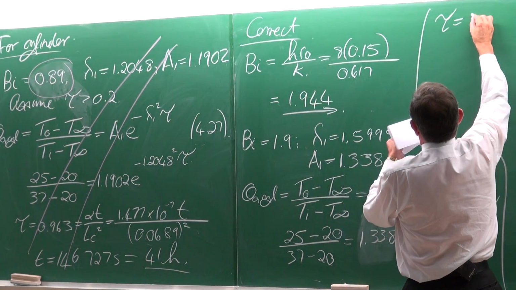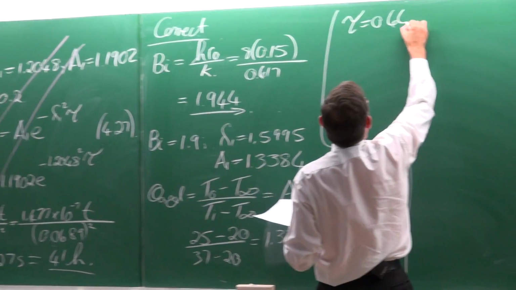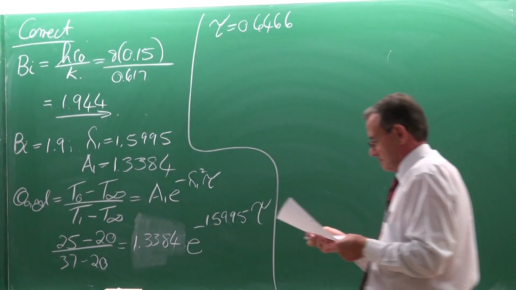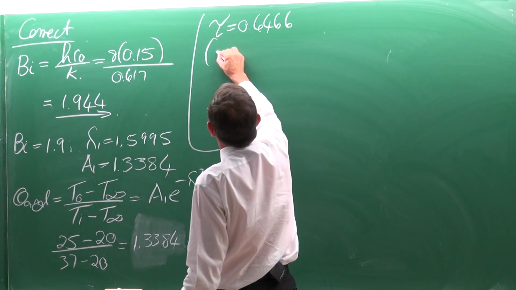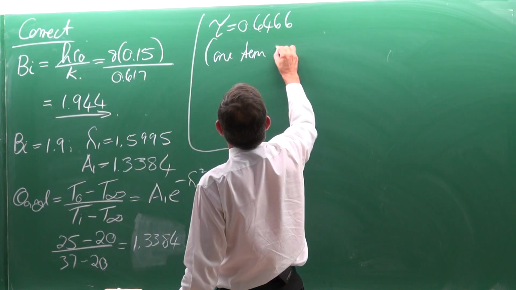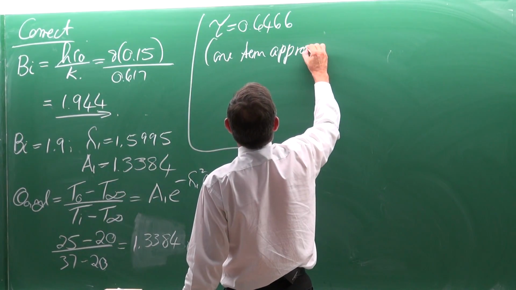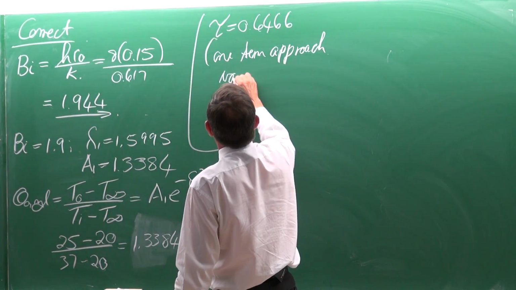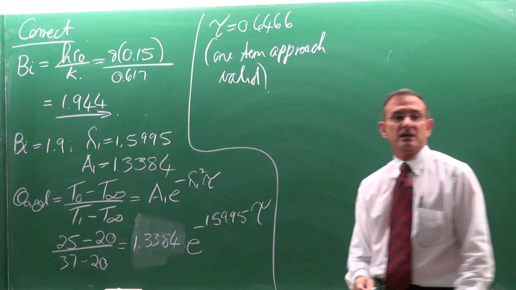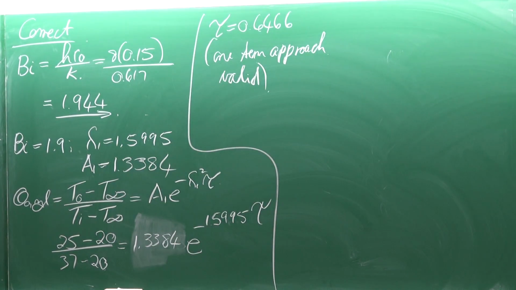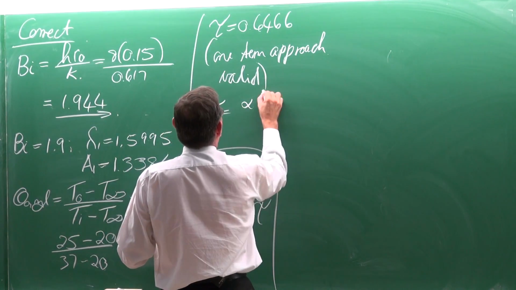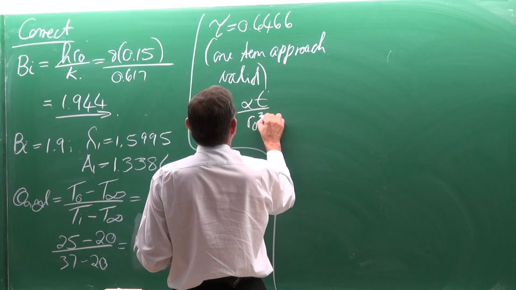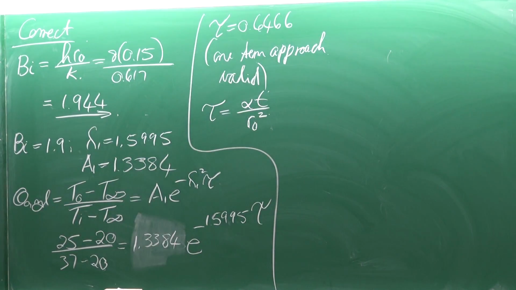And tau was equal to 0.6466. So the one-term approach is therefore valid. Okay, so fortunately, tau is larger than 0.2. Therefore, we only have to use the one-term approach. And tau is equal to alpha t divided by r0 squared, not the characteristic length.